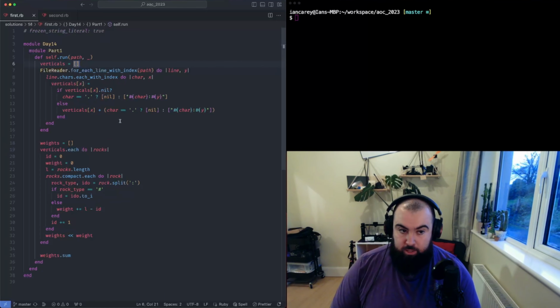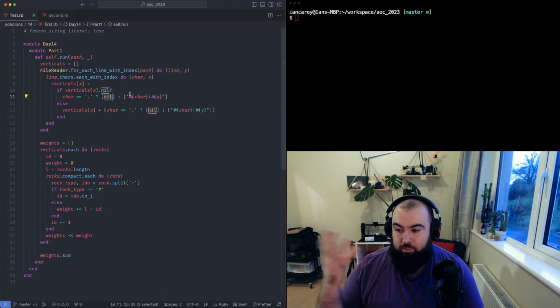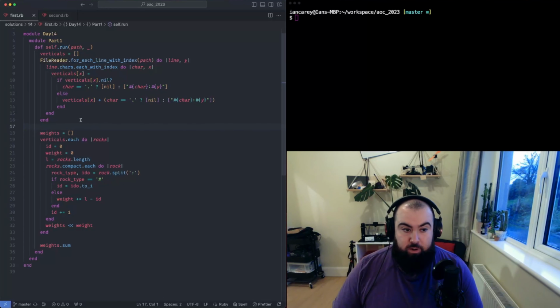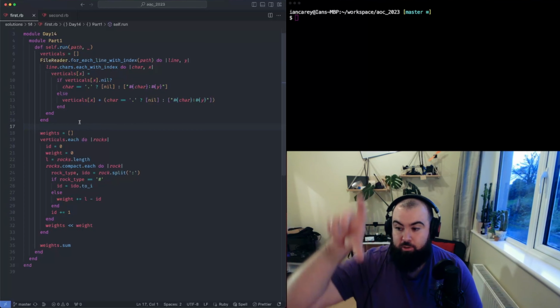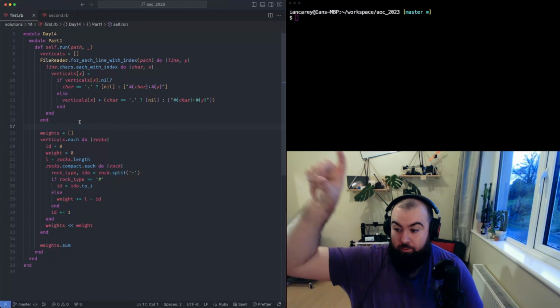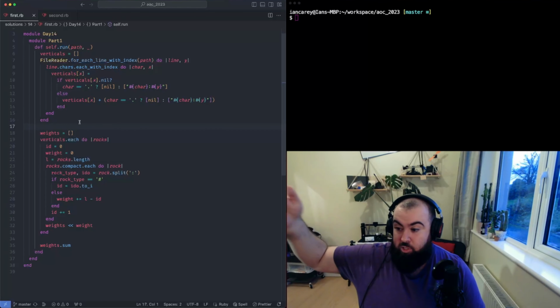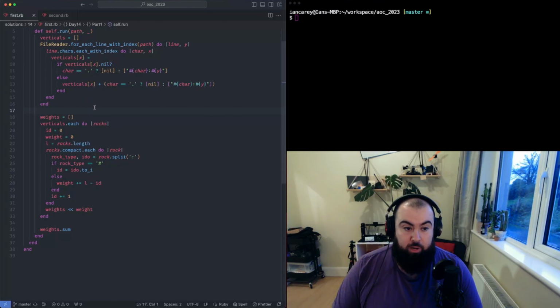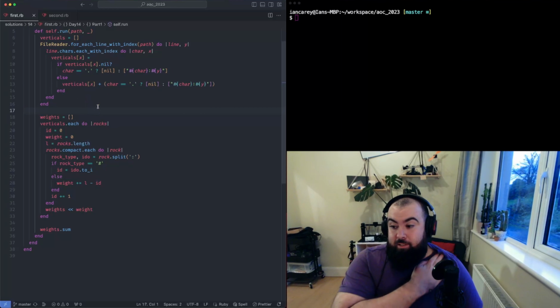I replace all of the dots with nil, which is like null in Ruby, and that is important in a second. I end up with an array of arrays, a 2-dimensional array, where each sub-array is a representation of each vertical as you go along.